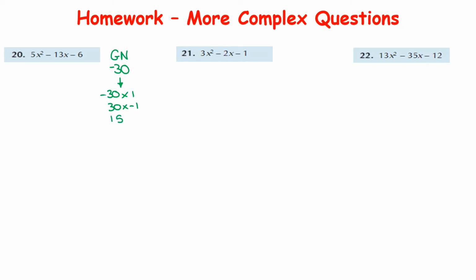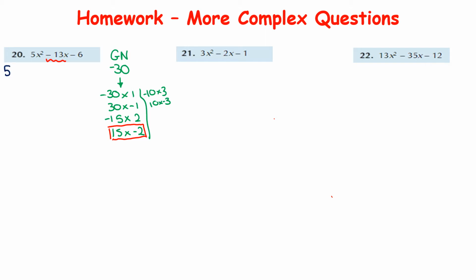I'll have 15 by 2 or 15 by minus 2. I can go down to 3, so I could have minus 10 by 3 or 10 by minus 3, and then I'm done. I want this to be a minus 13, so 15 minus 2.